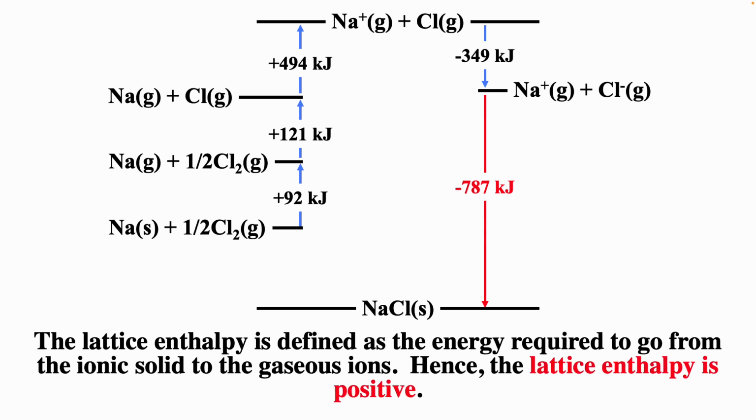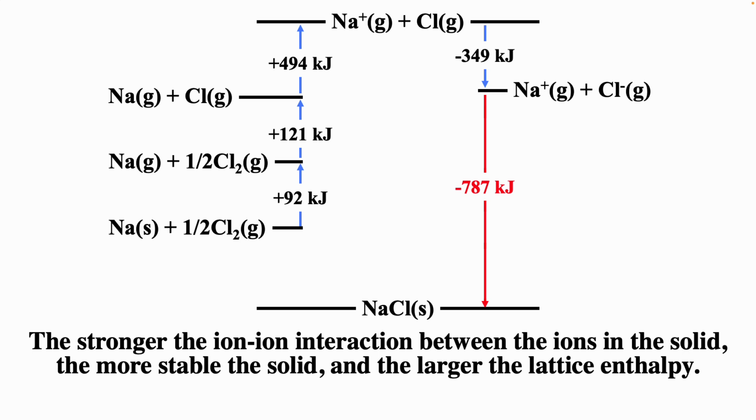And so lattice enthalpy is defined as the energy required to go from ionic solid to gaseous ions. Hence, lattice enthalpy is always positive. It's always going to take energy to go from ionic solid to the gaseous ions. The stronger the ion-ion interaction, the more stable the solid, the larger the lattice enthalpy.